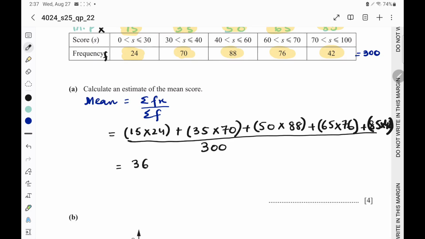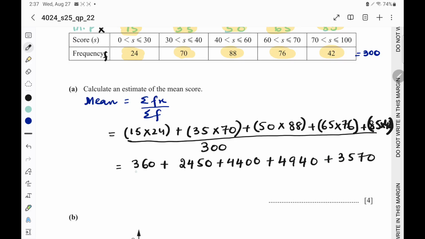So that is 360, plus 35 into 70 is 2450, and 4400, and 4940. And the last one, 85 into 42, will be equal to 3570.